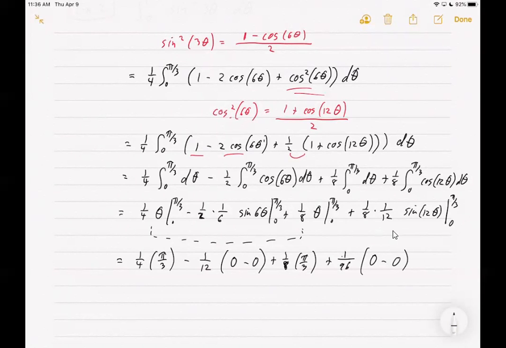So the terms that remain, we have 1/4 of pi over 3, or pi over 12, a 0 term, and then a plus pi over 24. So that looks like it's going to be 3 pi over 24, which you hopefully recognize is pi over 8. Whew. So all of that work gives us an answer that is pi over 8.